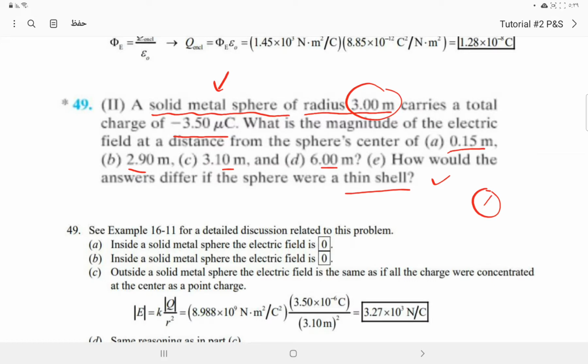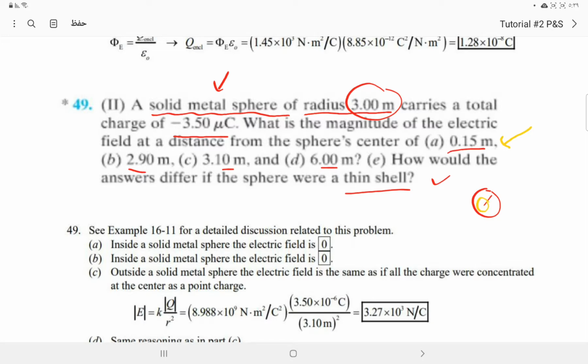So if it's 3 meters, we should ask ourselves what the distances are at which we should find the magnitude of the electric field. A, 0.15. Oh, 0.15 is less than this. So they are asking us to find it inside here.